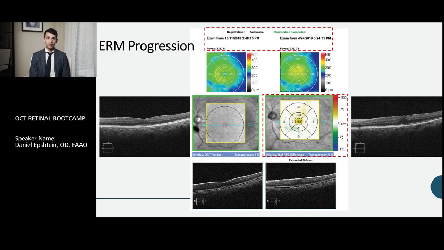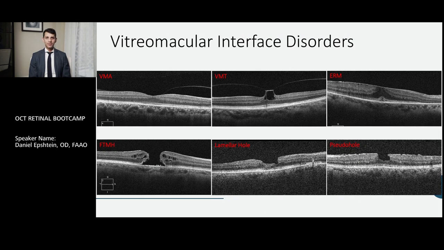So there's a lot of progression going on. You might want to send these patients off to retina to consider surgical intervention. Or sometimes if the patient's asymptomatic, you can continue monitoring it, especially if there's not much change in the retinal contour.